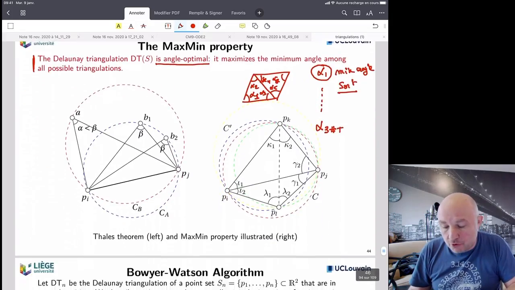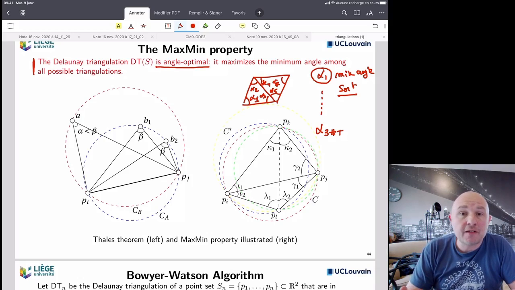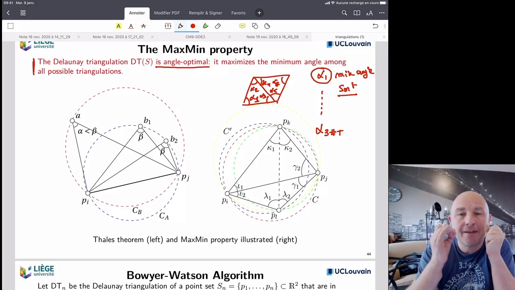Why is it important? For many things. It's important in geometry processing, if you're doing, for example, Delaunay triangulation and you want to color things, etc. But it's very important for interpolation.